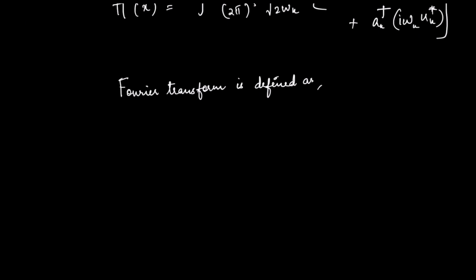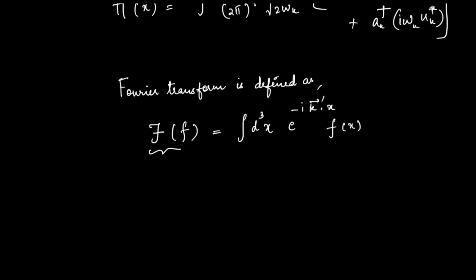The Fourier transform of any function f is defined as integral d cube x multiplied by e raised to minus i k prime dot x multiplied by f of x.